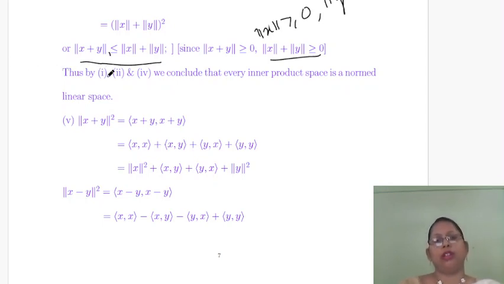Thus, in view of properties 1, 2 and 4, we can conclude that every inner product space is a normed linear space.